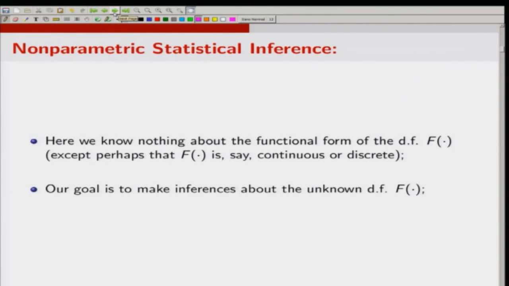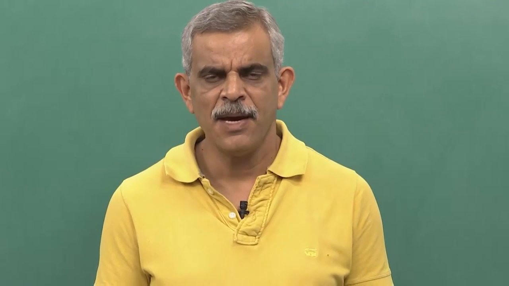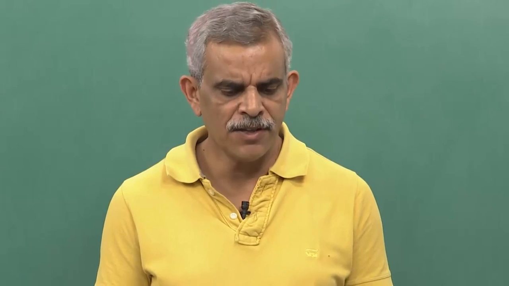What happens in non-parametric statistical inference is, even the functional form of f is unknown, and I have to make inferences about the whole distribution function f based on the random sample. What we may know at the most is possibly that f is absolutely continuous or f is discrete. Apart from that, we do not have any information about f under non-parametric statistical inference problems.